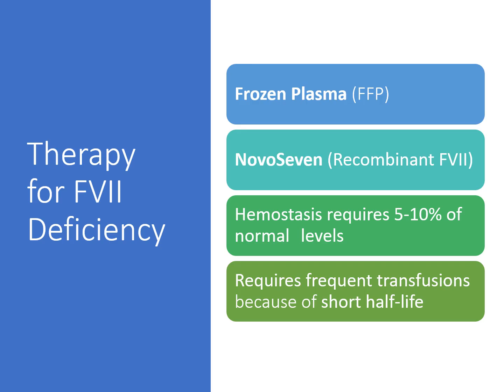An interesting thing about our Novo 7 concentrate, we can actually use Novo 7 to circumvent the intrinsic pathway in the event of a factor inhibitor for factor 8, so a specific factor inhibitor. And what factor inhibitors do is they inhibit the function or the activity of a specific factor.